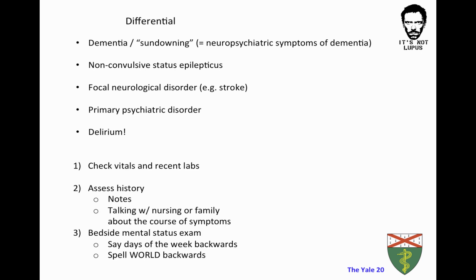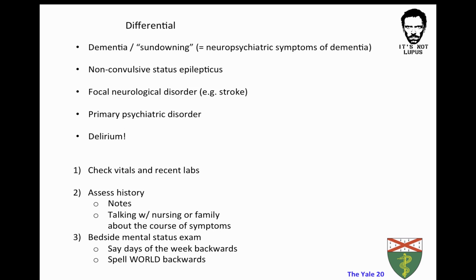The first steps are to check vitals and recent labs, then assess history, typically from notes and talking with nursing about the course of symptoms. And then a bedside mental status exam. You can ask them to say the days of the week backwards to evaluate attention and concentration, or to spell world backwards.